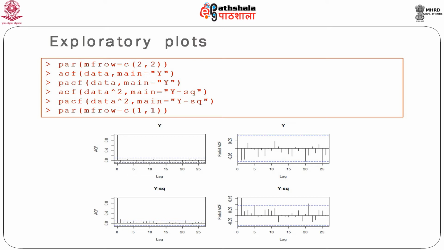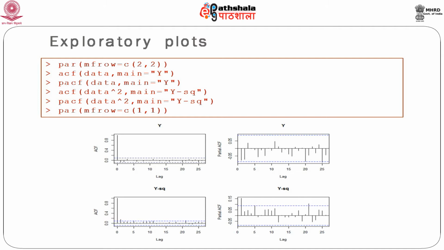I just wanted to put all 4 plots together, so here I set par(mfrow=c(2,2)), and that will create 4 cells, 2 rows and 2 columns, so total 4 plots can be accommodated in this manner, and finally par(mfrow=c(1,1)) was set to return to the original plot structure.